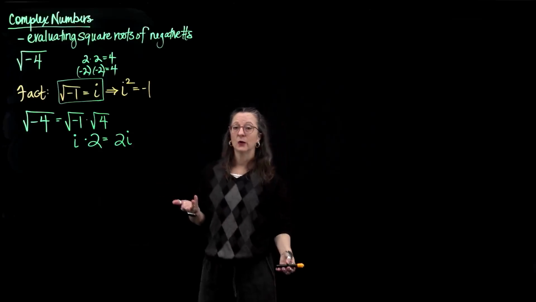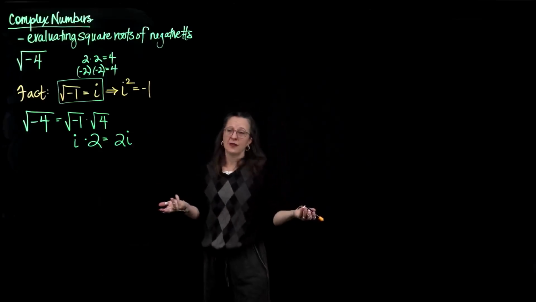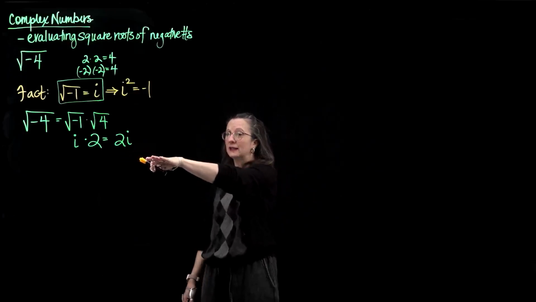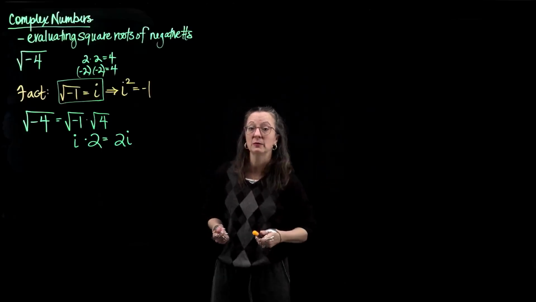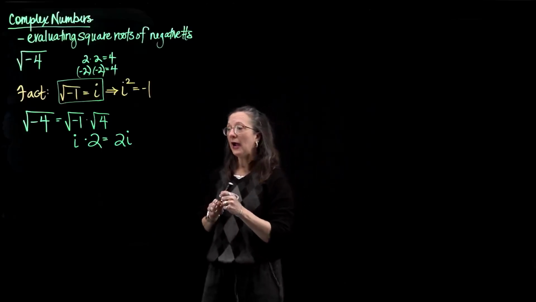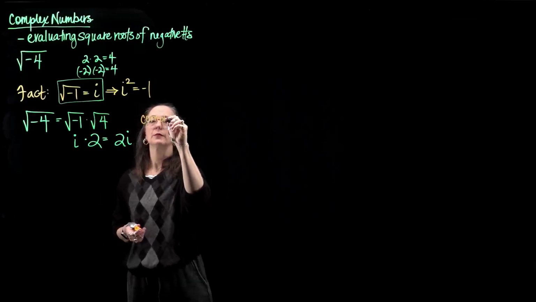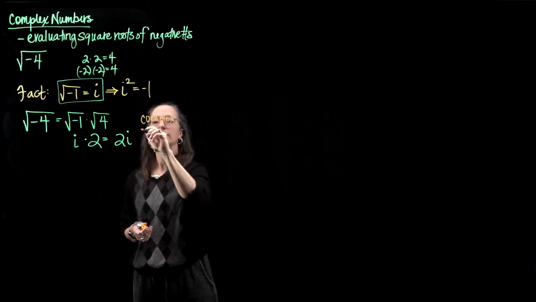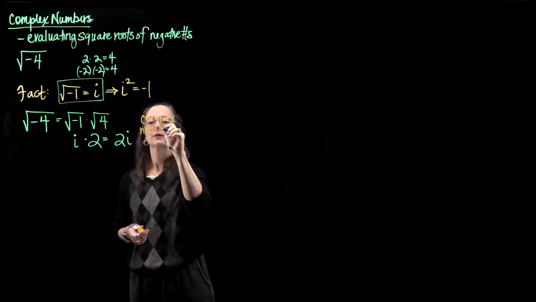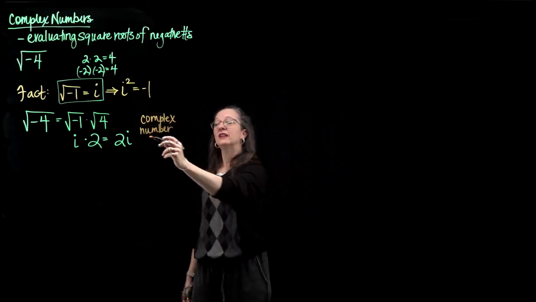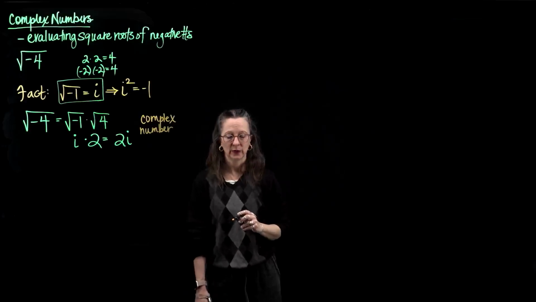Now, you might say, well, Wendy, cool, you made up math and now you used it to create something that I don't know what it is. That would be a fair statement. 2i is an example of a complex number. And a complex number is going to have an i piece to it.